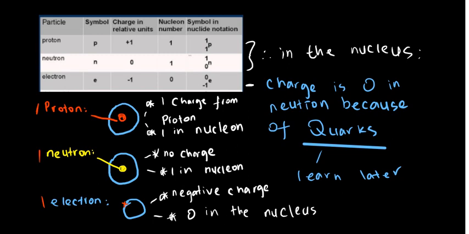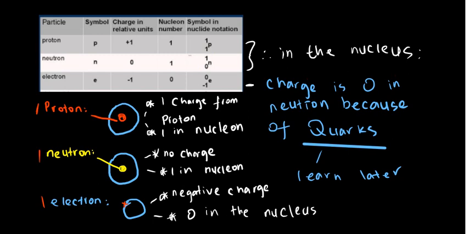That's all you should know. Oh sorry, I forgot to explain that a neutron also resides in the nucleus. So there's going to be 1 in the nucleon number. If we're talking about only 1 neutron itself in the atom, the nucleon number is going to be 1, but the charge is going to be 0. Therefore, the nuclide is going to look like this.